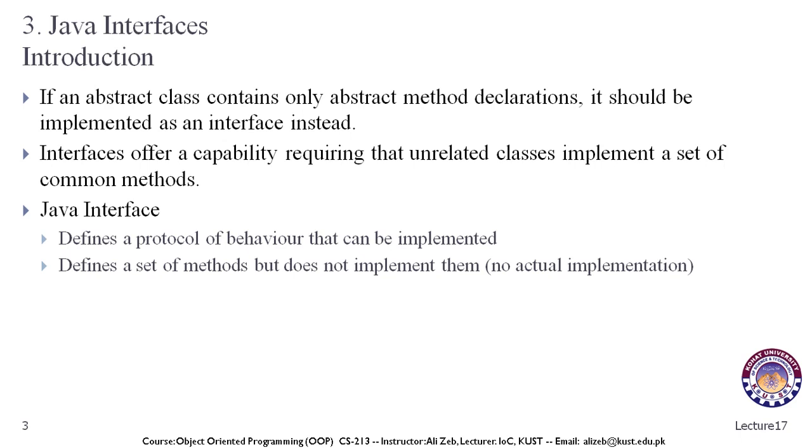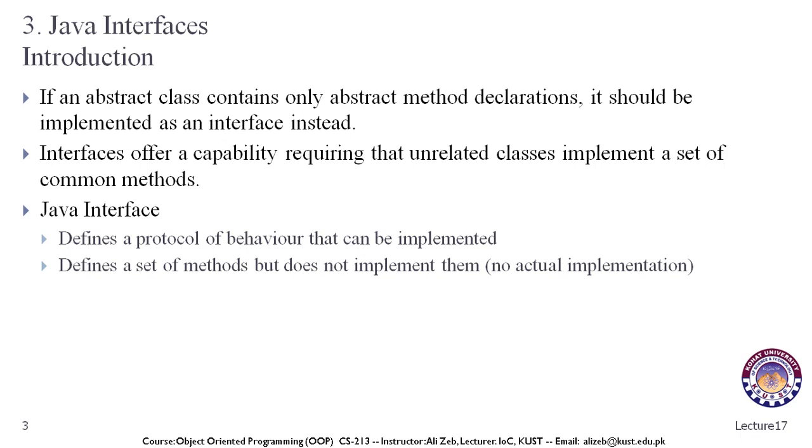In abstract classes, we were able to implement methods as well as declare some of the methods as abstract. We do not implement methods in interfaces. We only declare methods, and those methods are by default abstract.